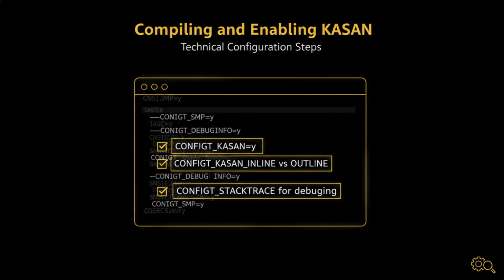Inline instrumentation is faster because the compiler embeds the checks directly into the code, but it significantly increases the kernel's binary size. For architects managing build pipelines, this is a trade-off between disk space and execution speed. Additionally, you should enable CONFIG_STACKTRACE to ensure that KASAN reports include the full call stack, which is indispensable for identifying the root cause of a memory leak.